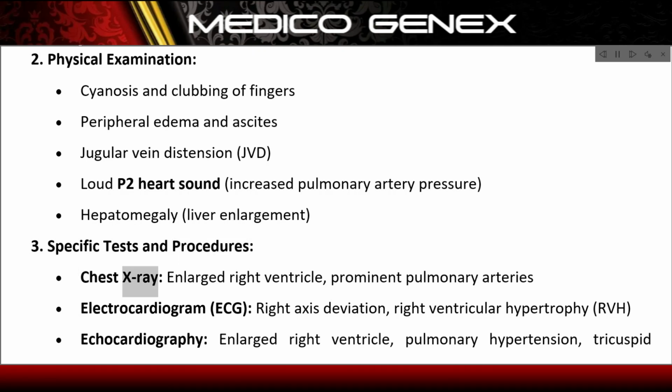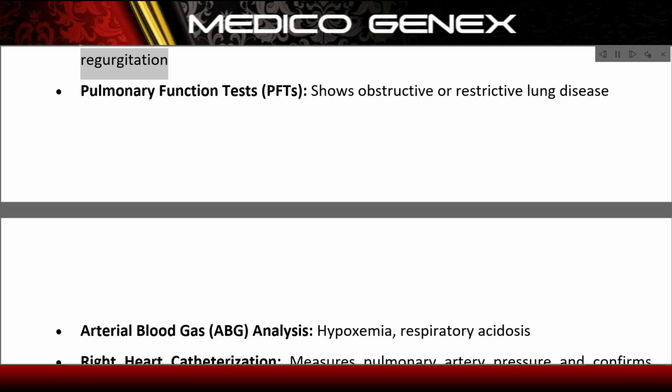Chest X-ray, enlarged right ventricle, prominent pulmonary arteries. Electrocardiogram, ECG, right axis deviation, right ventricular hypertrophy, RVH. Echocardiography, enlarged right ventricle, pulmonary hypertension, tricuspid regurgitation. Pulmonary function tests, PFTs, show obstructive or restrictive lung disease.